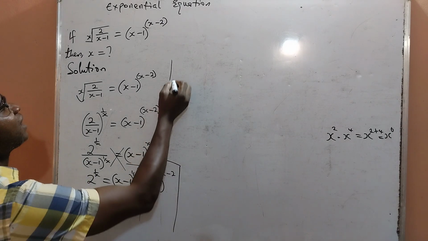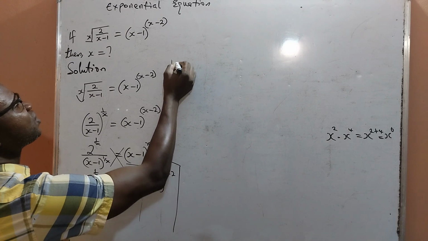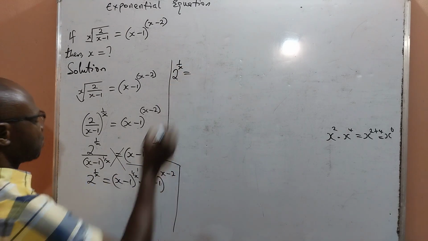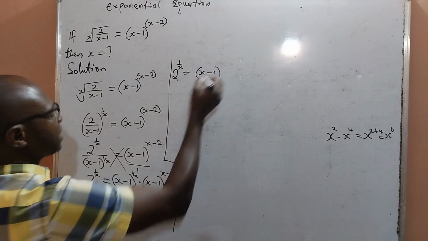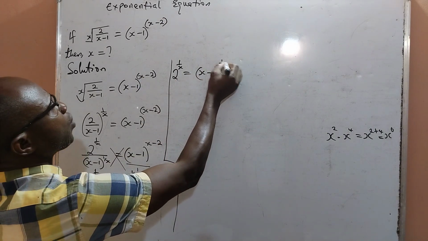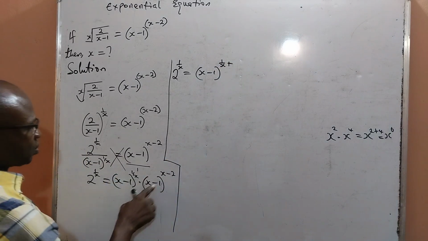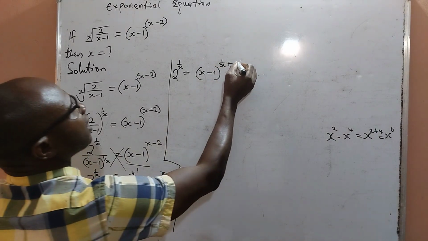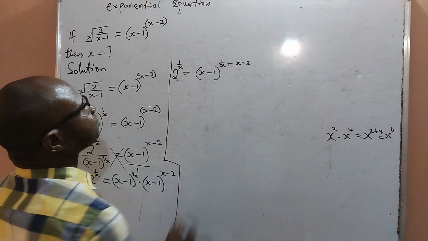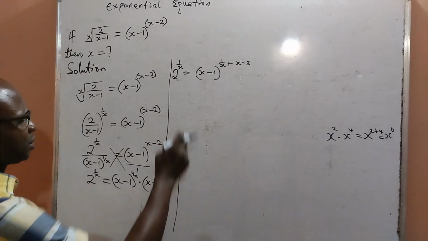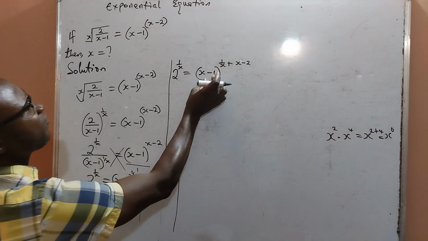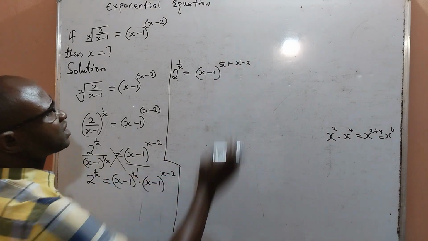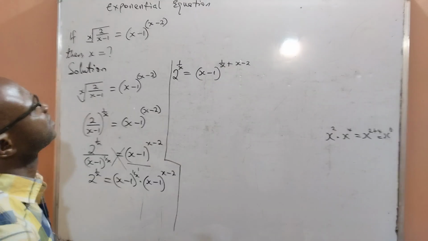Doing that, I will have it written 2 raised to the power 1 over x is equal to x minus 1, then raised to the power 1 over x plus x minus 2. I am adding the two because their bases are the same. So I have one common base and the exponents added.